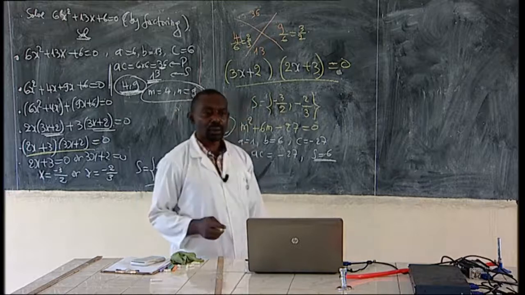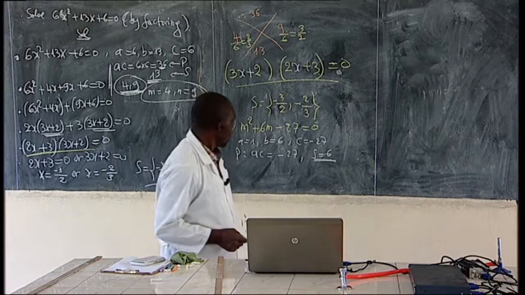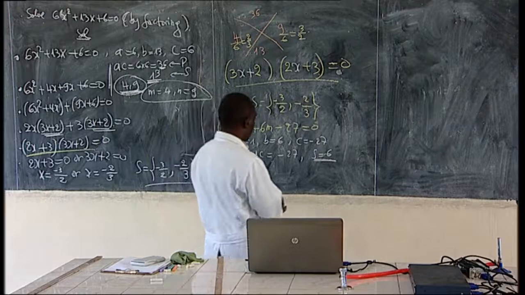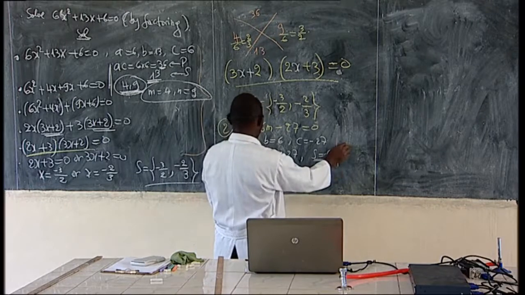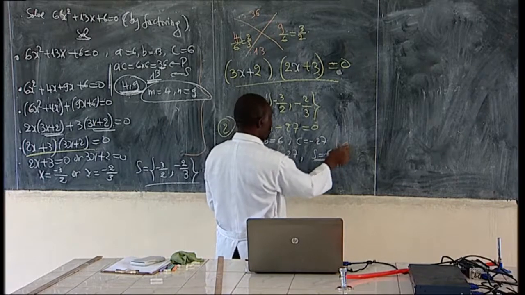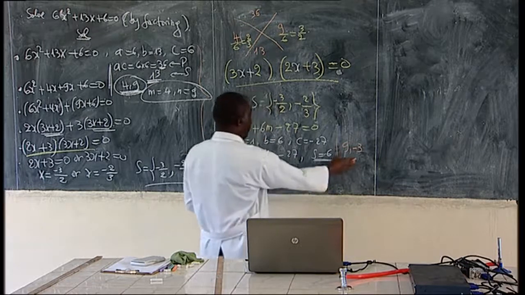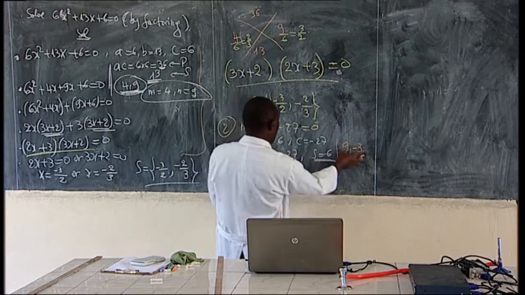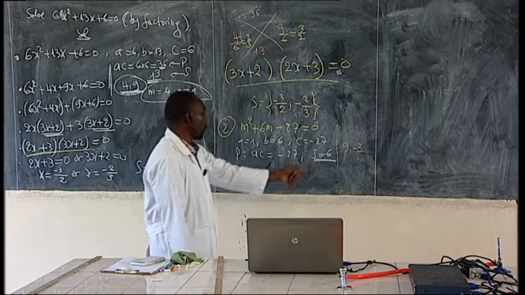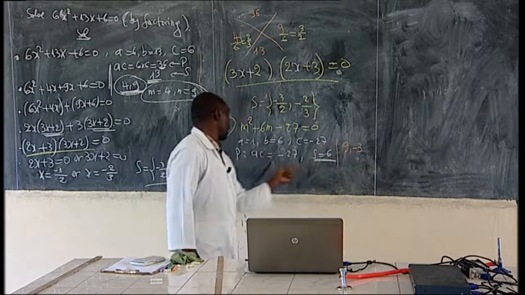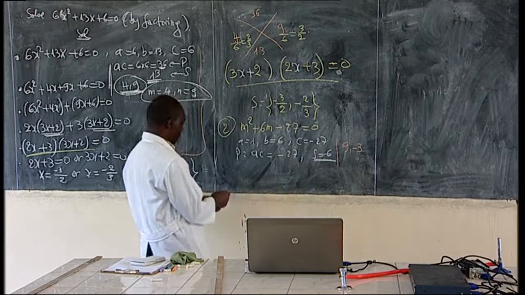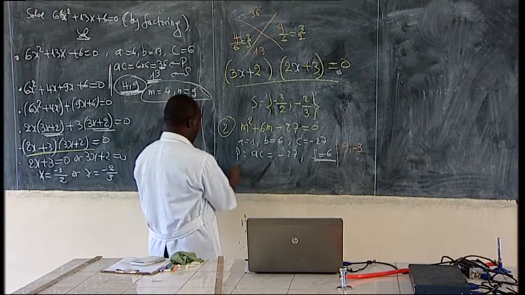Can you guess those numbers? I hope the numbers can be 9 and minus 3. The product is minus 27, and the sum is 6.